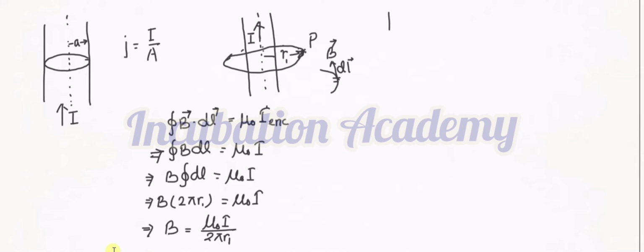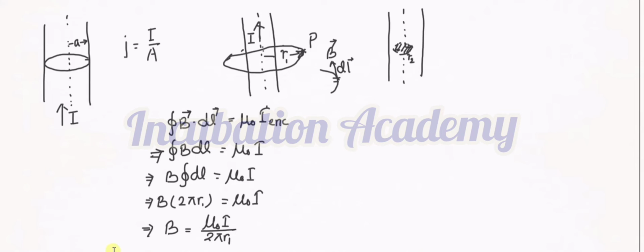Now if this point of observation where we want to find the magnetic field is inside this wire, somewhere here, at a distance r2, then obviously we will consider an Amperian loop of radius r2.